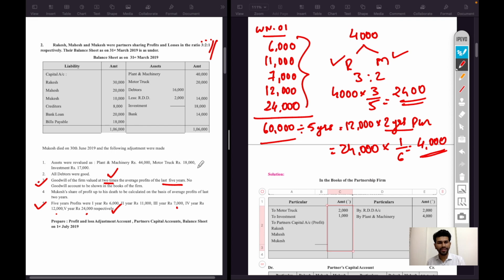Adjustment number 3 says that no goodwill account is to be shown in the books of the firm. It means it will be written off among continuing partners. So 4,000 rupees first will be raised in Mukesh's share, then it will be distributed among remaining partners.